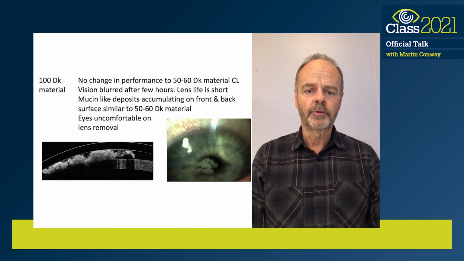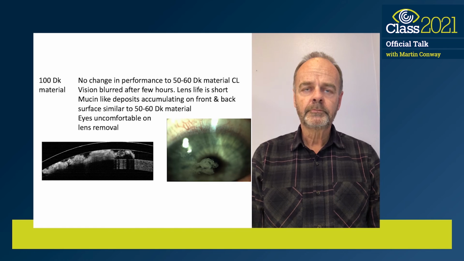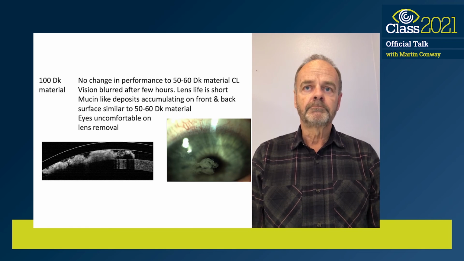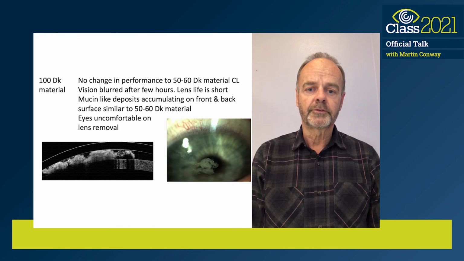About 3 years ago, we changed her material to a DK of 100. We didn't change the design of the lens. The performance of the higher DK material was more or less the same as the original DK material of 50 to 60.